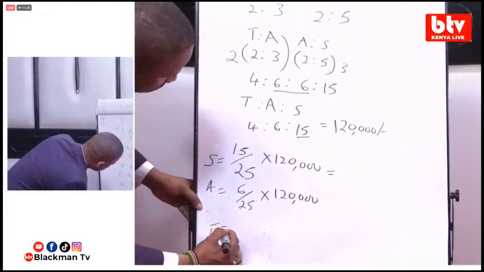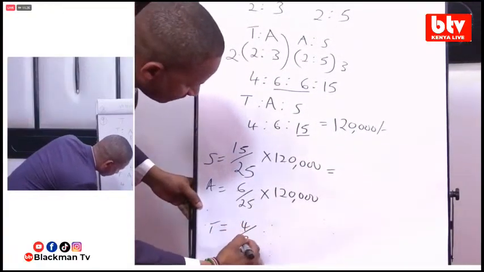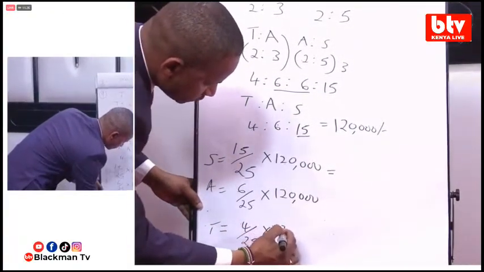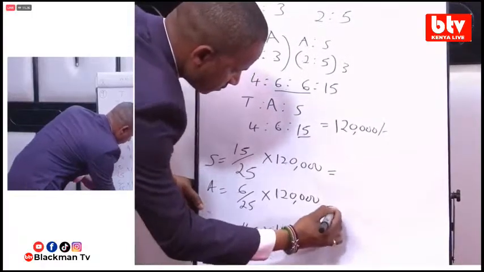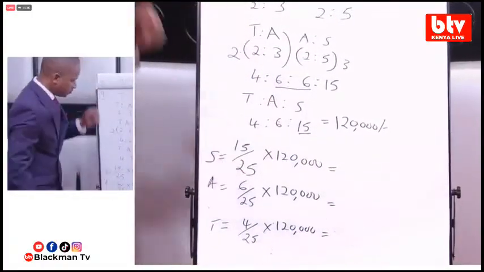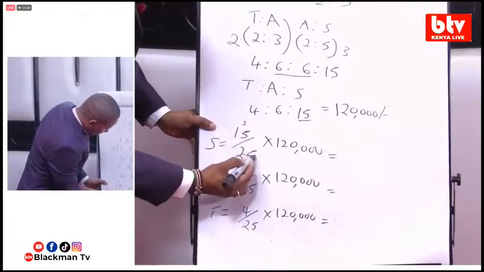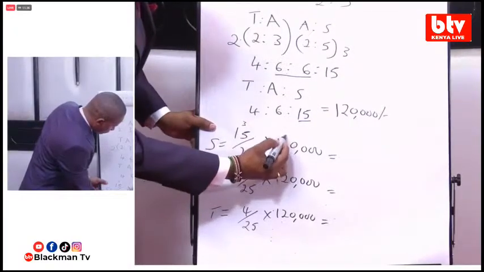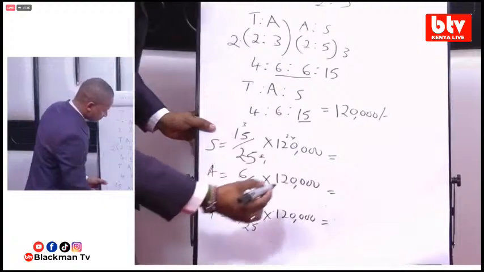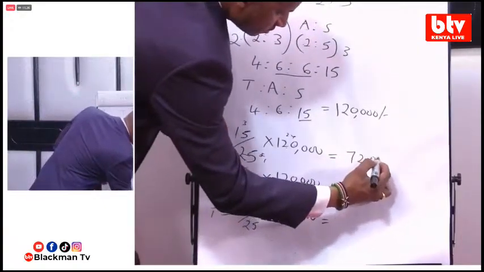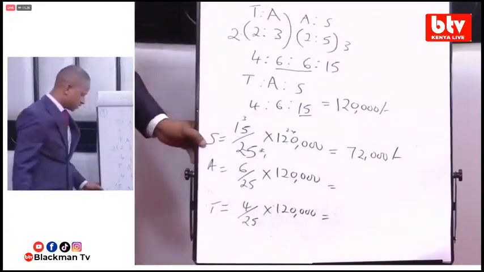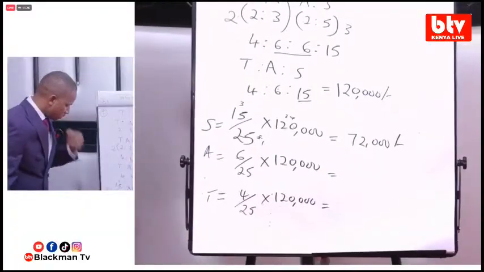While Tumaini contributed 4 over 25 times 120,000. Now, when you simplify this, you get 5 here 3, 5 here 5, 5 here once, 5 here 24. 3 times 24, that is 72,000. So Sifuna contributed 72,000.